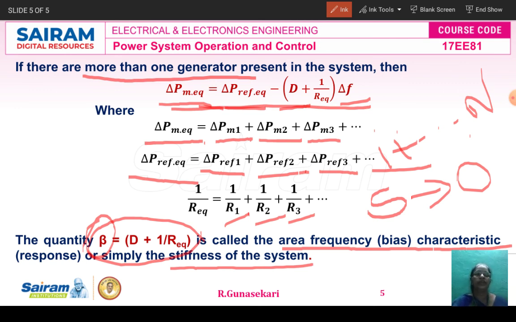So in the steady state performance of the ALFC loop, we studied the turbine output, that is the mechanical power output, if the generator is connected to an infinite bus bar, and the turbine output if the generator is connected in a finite network, and then how to calculate the area frequency bias or stiffness of the system.